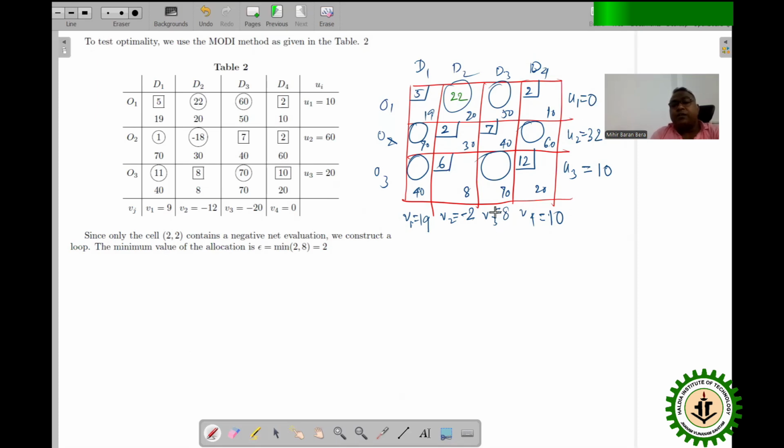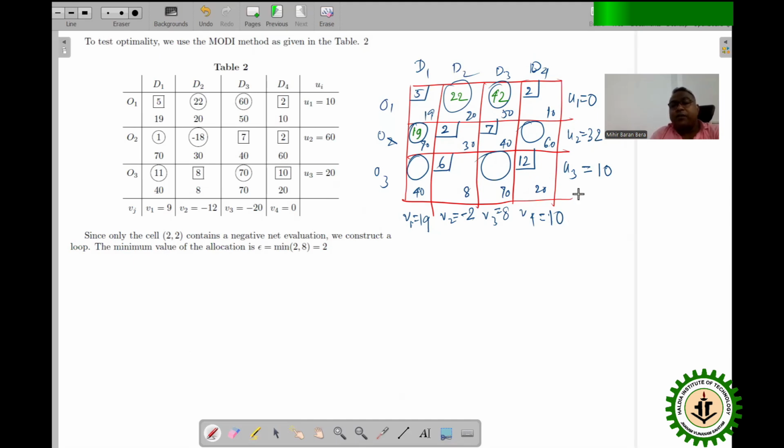This is 8. 8 plus 0 is 8, so 50 minus 8 is 42. 19 plus 32 is 51. 70 minus 51 will be 19.